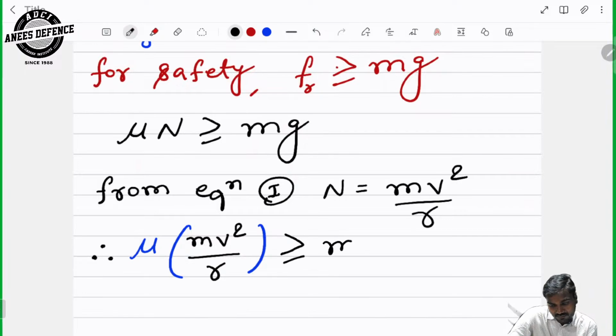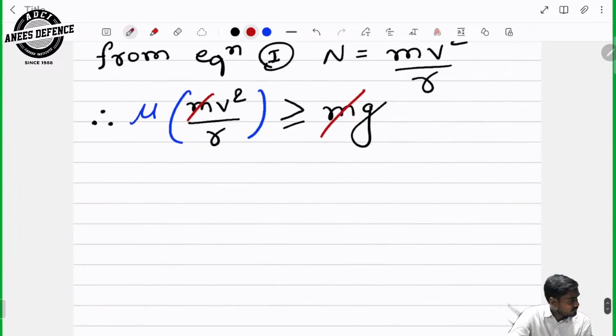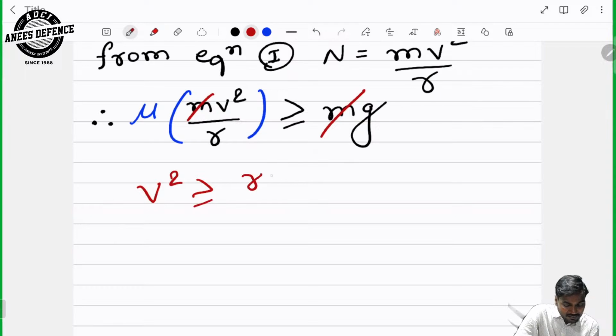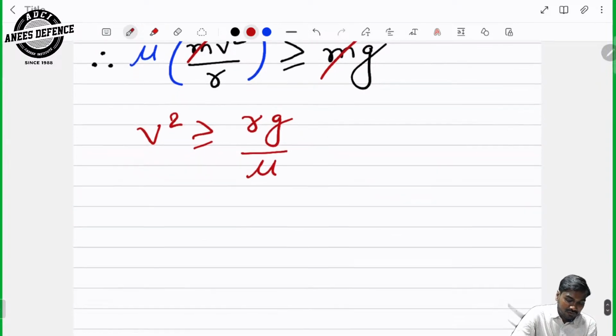mg. Cancel m. Yes or no? Take r to the right side and mu in the denominator. So you can write v square is greater than or equal to r g upon mu. Yes or no? So you have to calculate the minimum velocity.